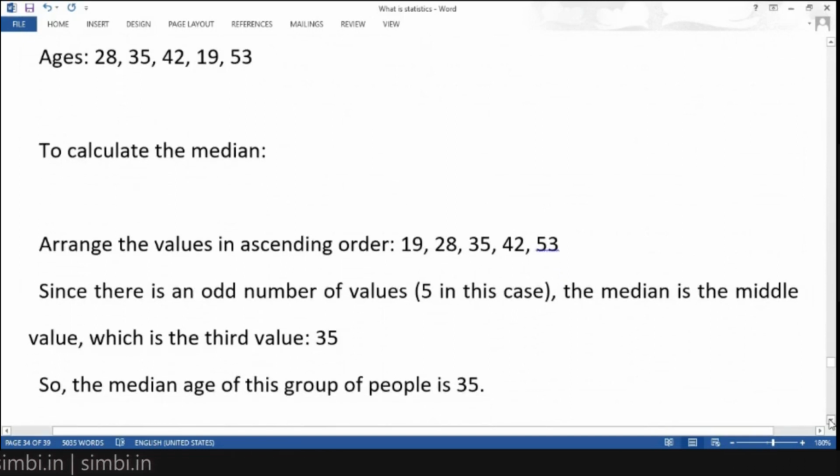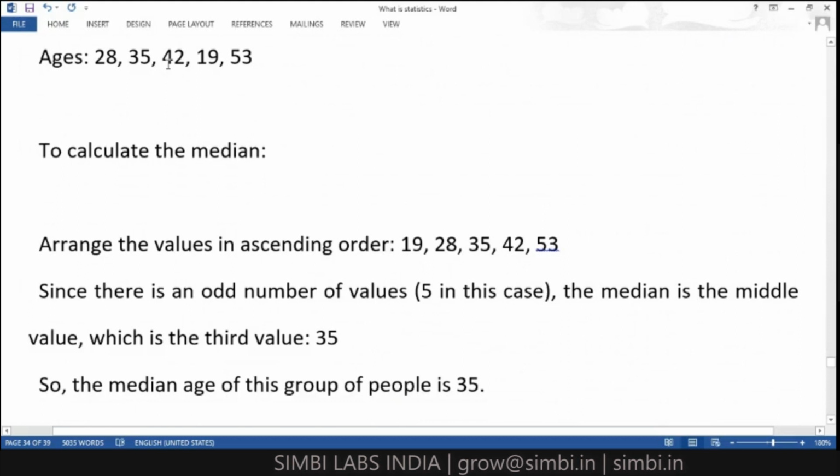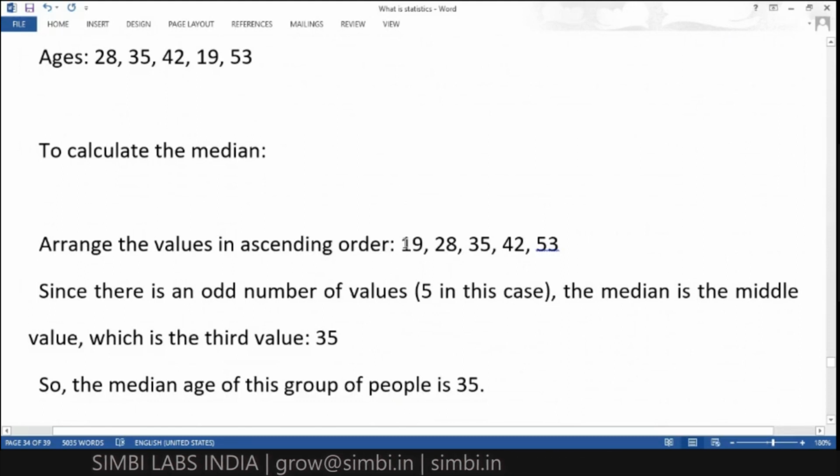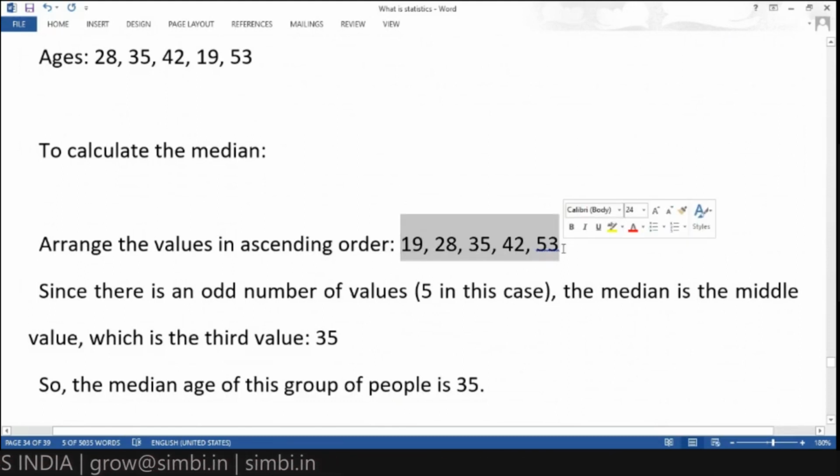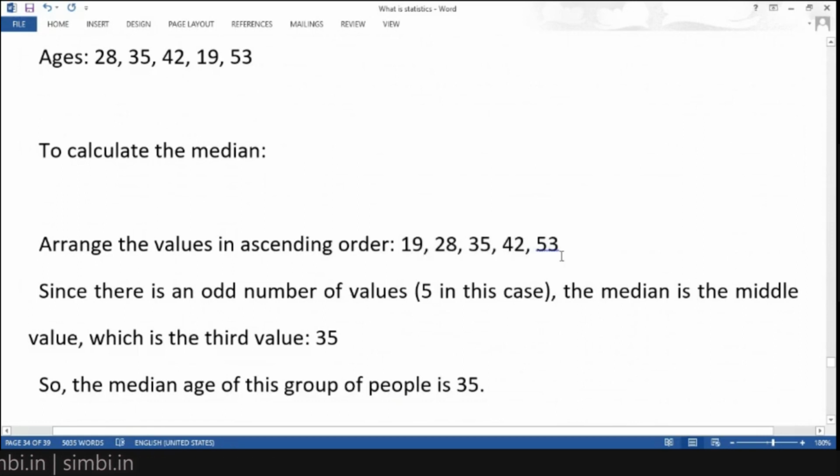The first thing is we need to arrange the values from small to big: 19, 28, 35, 42, 53, in ascending order. Then there is an odd number of values, 5 in this case.